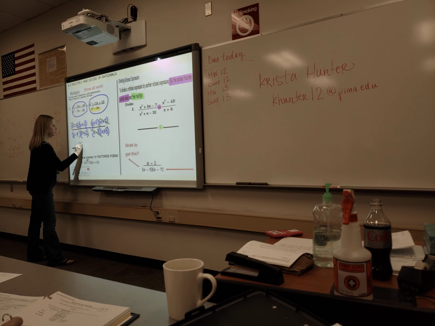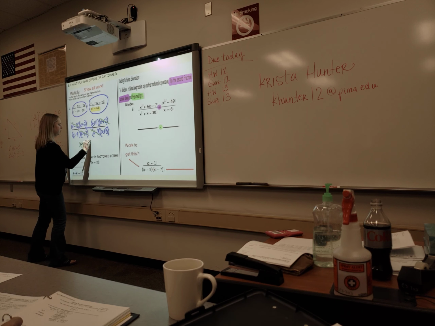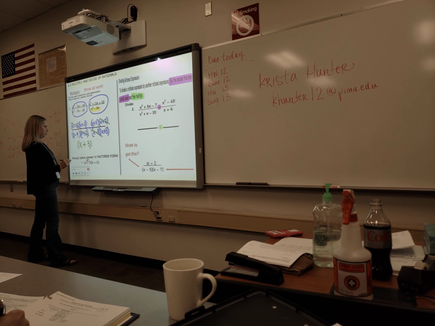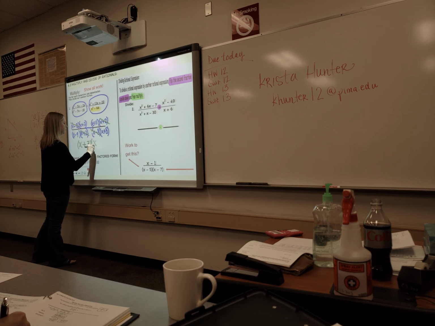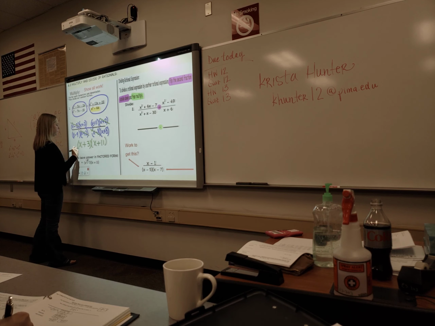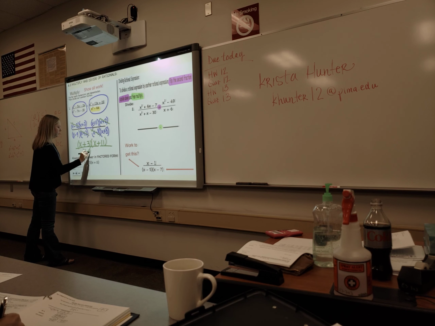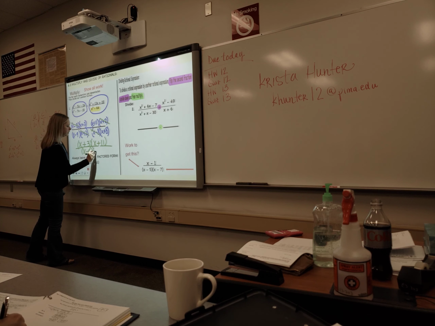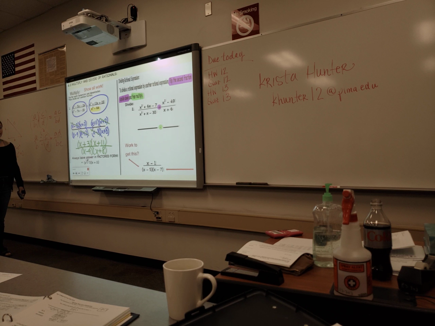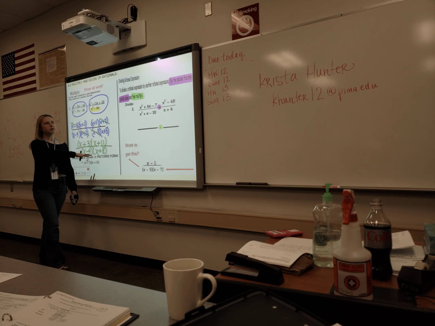Looks like x plus 3, x plus 11, and we're going to divide by x minus 9 and x plus 8. That is our answer. It is simplified. Do not multiply these together, leave it simplified.